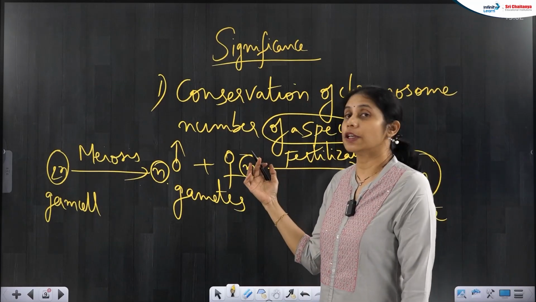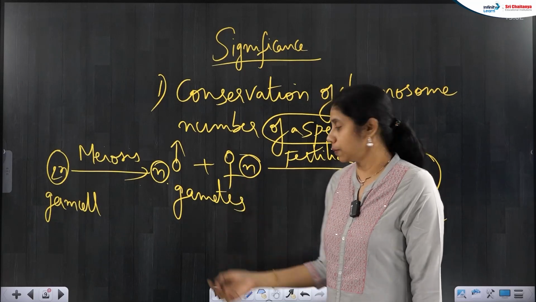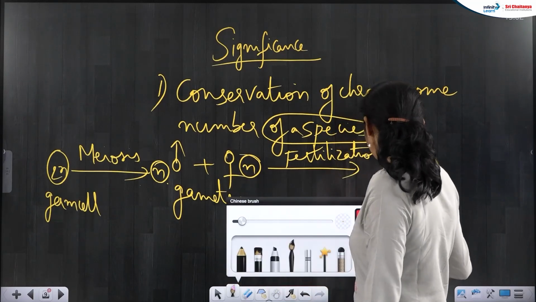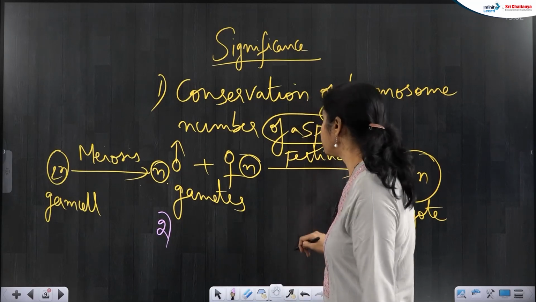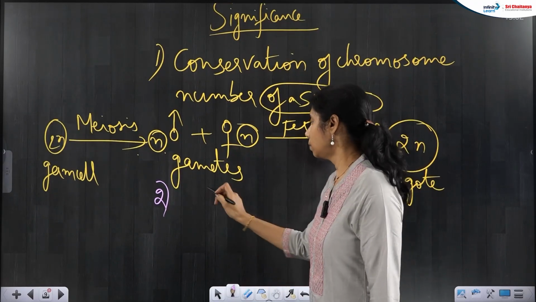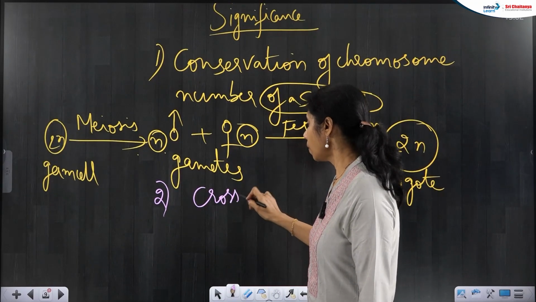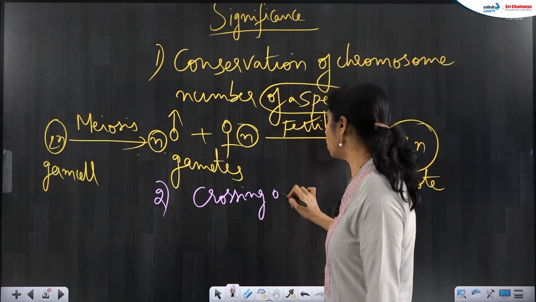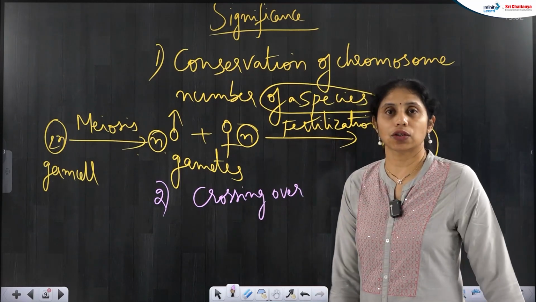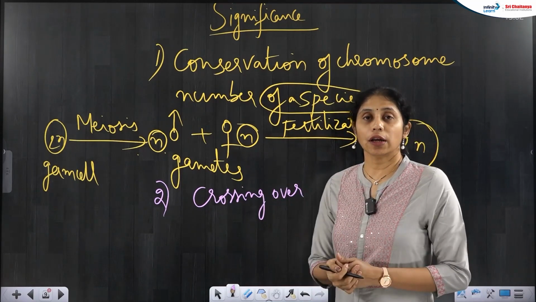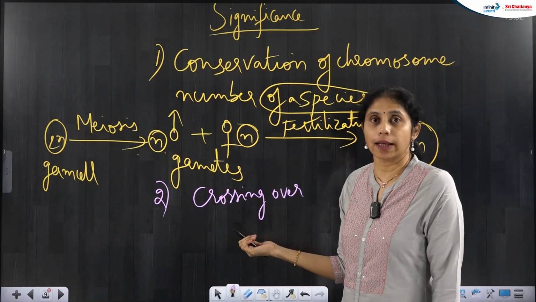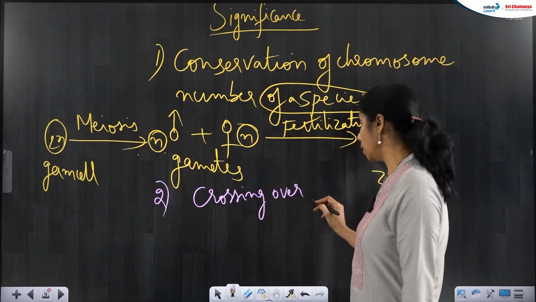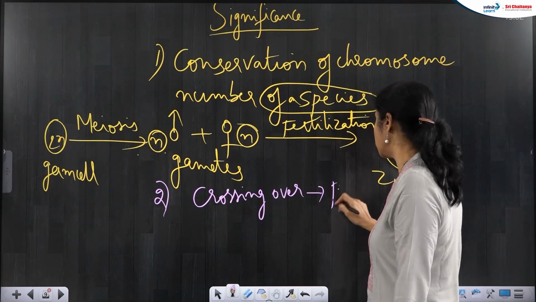This is the first significant point about meiosis. And as you are all aware, there is one process called crossing over. Crossing over happens in the pachytene stage. They exchange their genetic material and this results in the formation of different types of daughter cells at the end. Crossing over leads to recombinations.